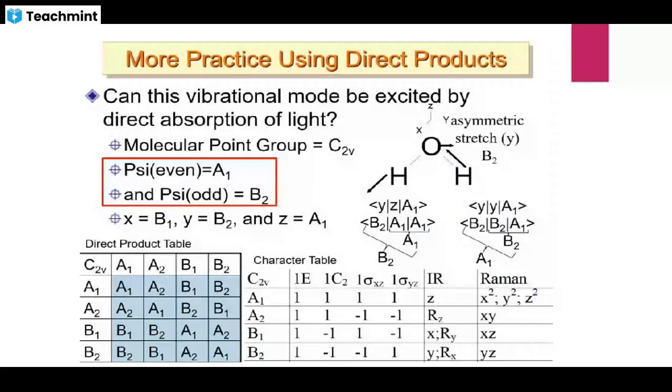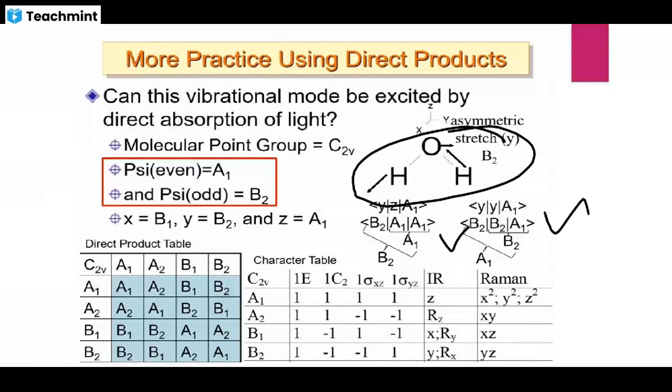Vibrationals also use the same formula. Here the asymmetric stretching is B2 symmetric. Ground state is A1, and the excited state after stretching becomes B2. Before stretching it is A1, after stretching it is B2. Is it allowed by y polarized light but not z polarized light? The y polarized light symmetry is B2.